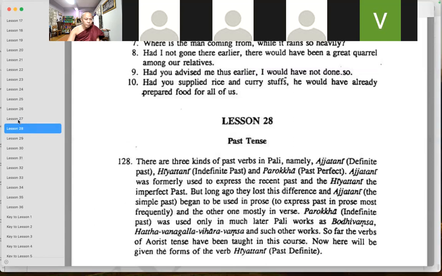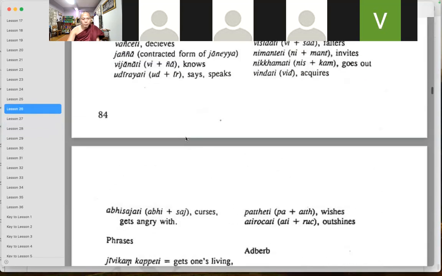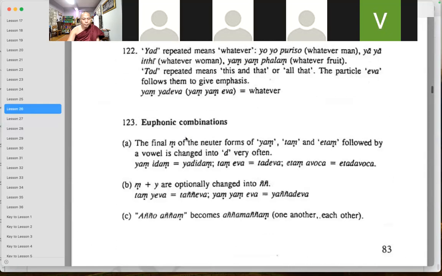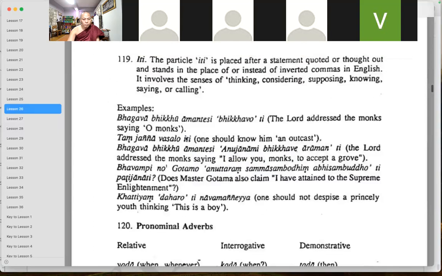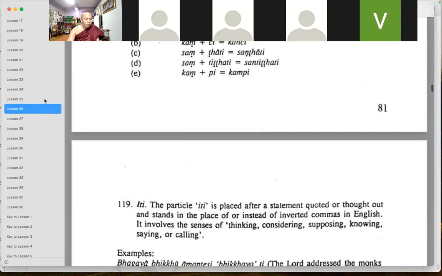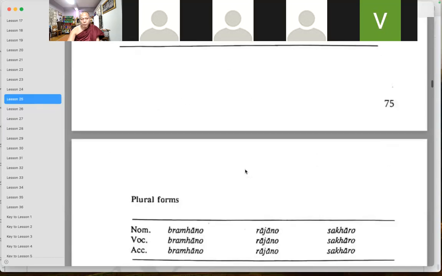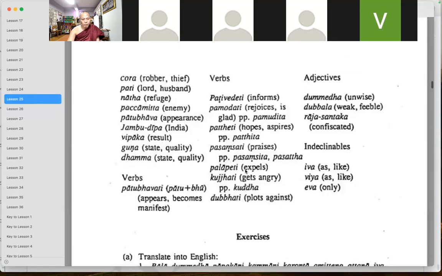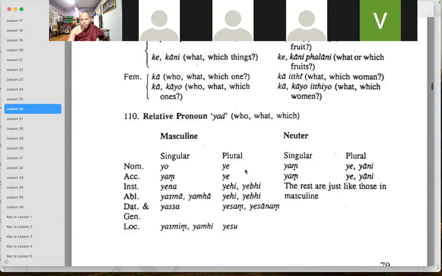Before the conditional. So where is the conditional? Not consonant, not that. Maybe lesson 25, 26.